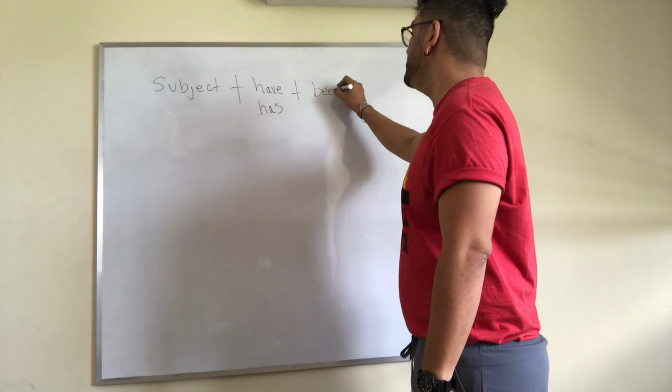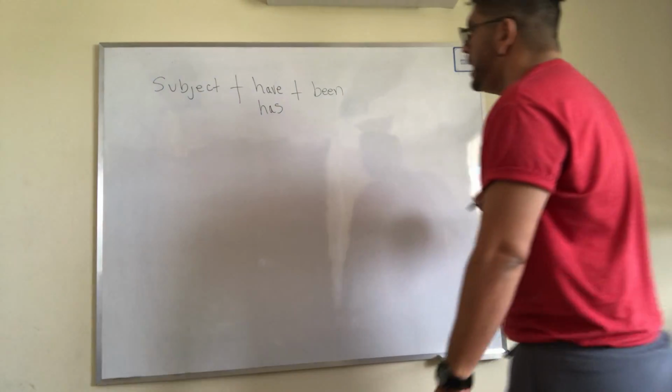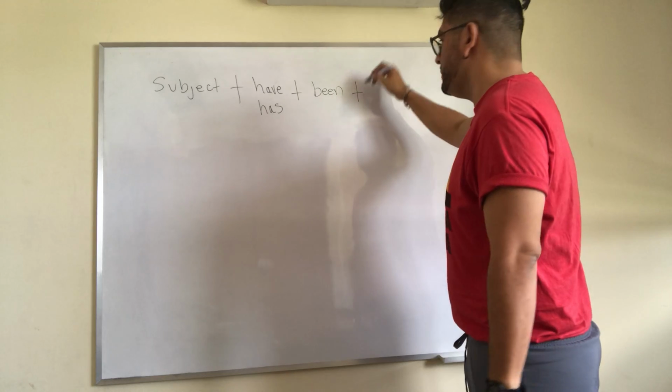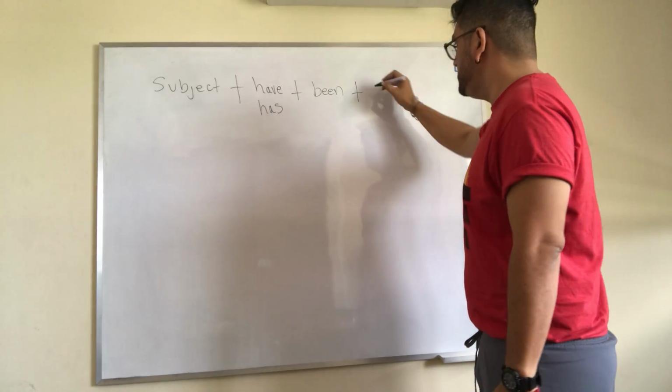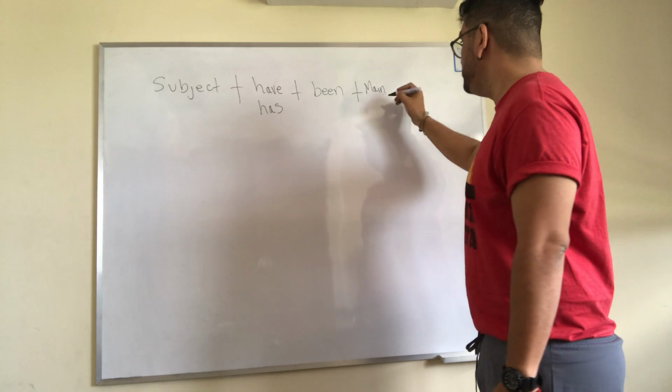And you know which one is that? Yes, it's the word been. Okay? I have been, and then I need the main verb in the ing form. I'm going to put it like this, okay, so that you remember this information.